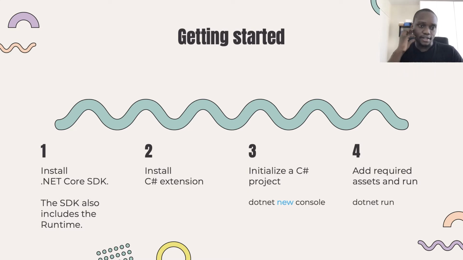Getting started. So after you've downloaded and installed Visual Studio Code, there's a few more things that you need to do. So C# language support is actually optional and doesn't come prepackaged with Visual Studio Code as support for, say, JavaScript does. So the first thing that you'll need to do is download the .NET Core SDK.